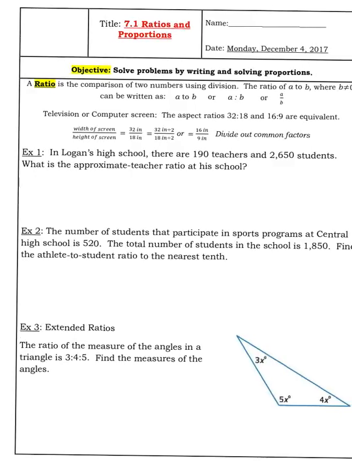So if we write the ratio of that, it's real simple. Just going to write 2,650 over 190.